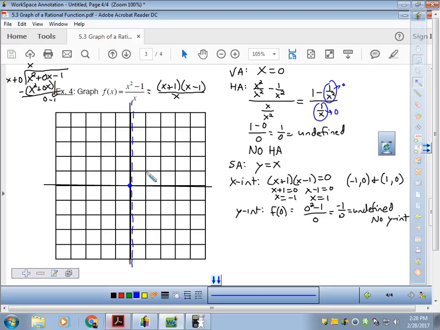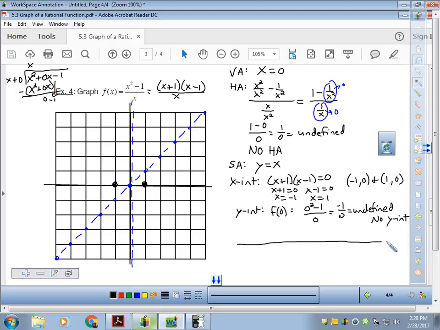So it's going to go through this point, this point, this point, this point, this point, this point. I'm also going to go backwards a little bit. So that is our slant. We have an x-intercept at -1, 0, another one at +1, 0, and we have no y-intercept. So there's where we're at.